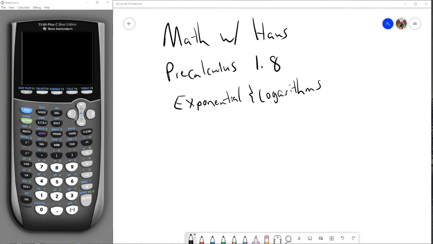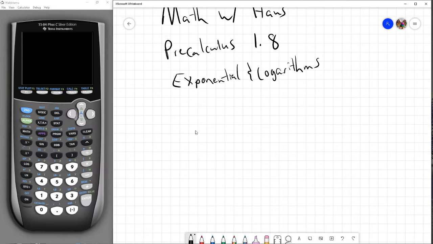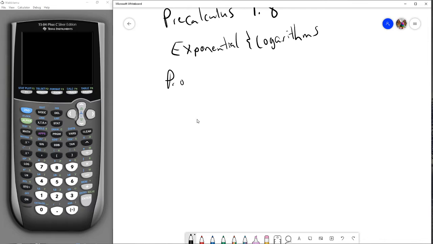We are continuing our discussion of logarithms and exponential functions. Right now we have four properties of logs, and we have one law of log.